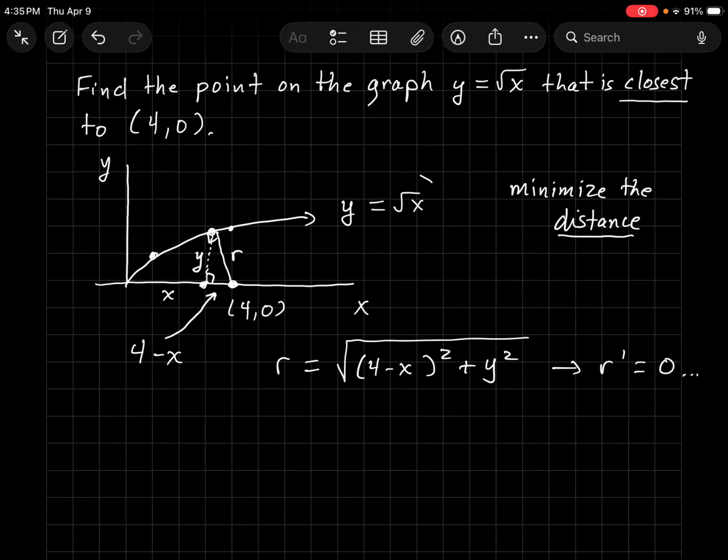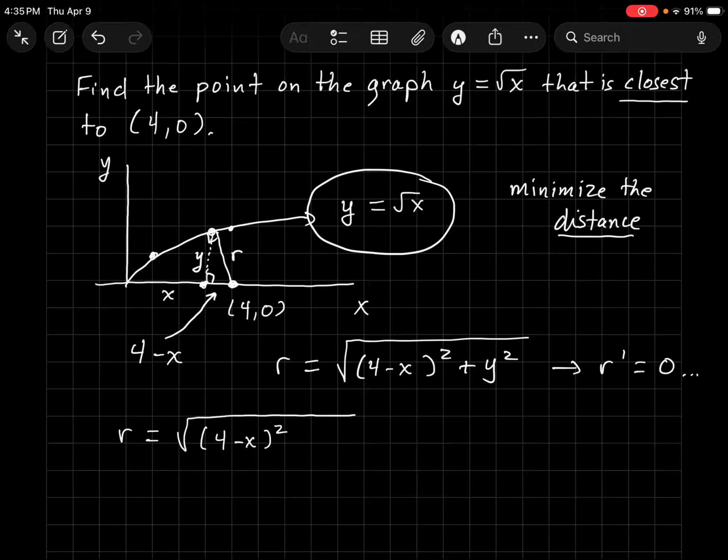No worries. I already have one variable in terms of the other. So I can write this one as r equals the square root of (4 minus x) squared plus y squared, where y is simply the square root of x. And now we can take the derivative, because I have a function in one variable.